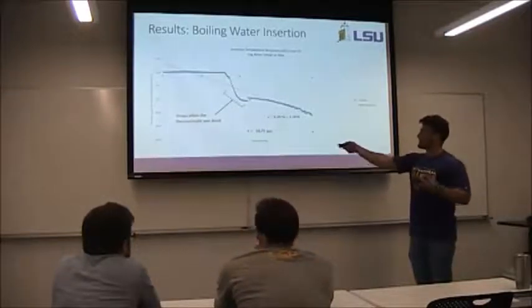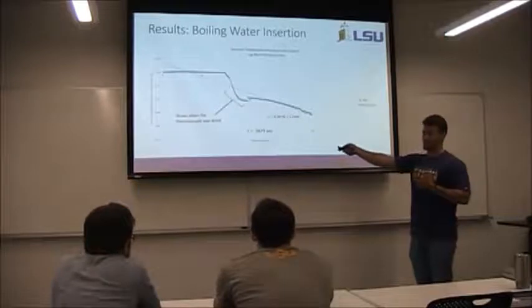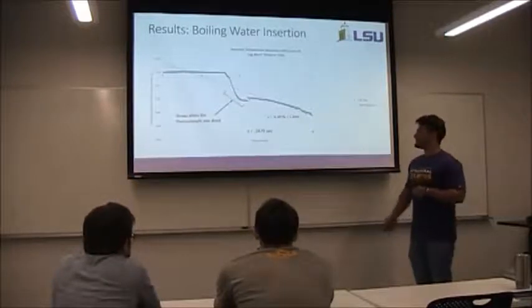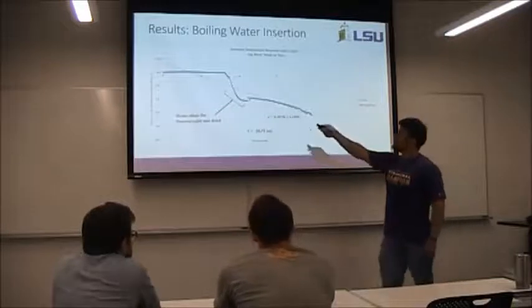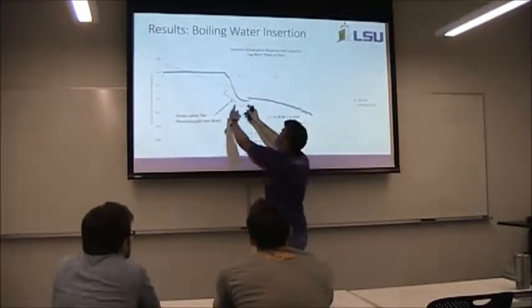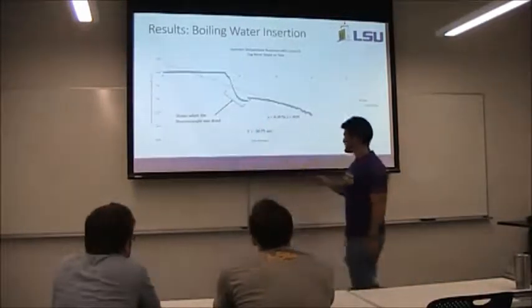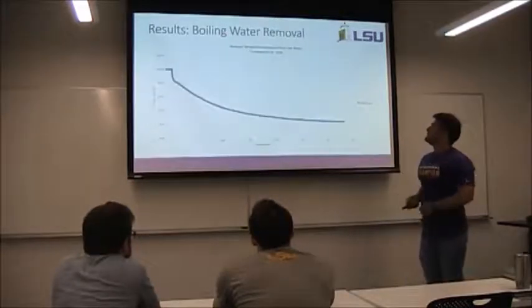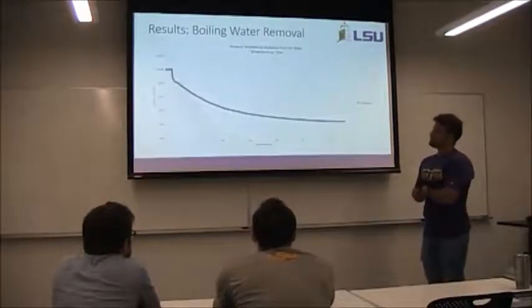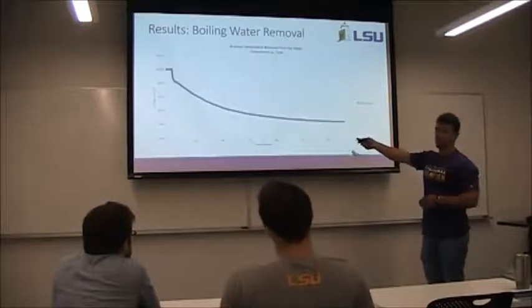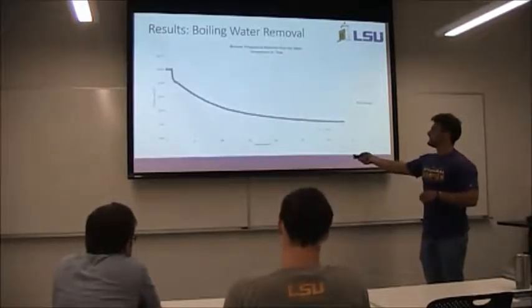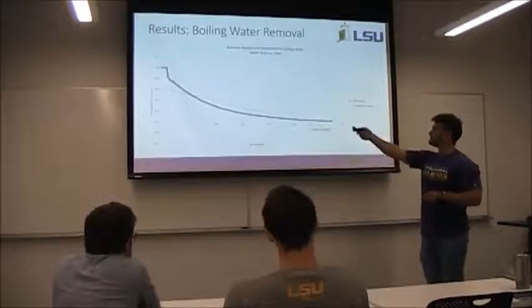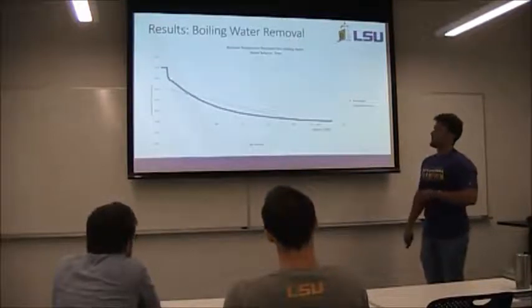And we got a time constant. I'm not sure if the time constant is correct, but if you multiply that by 5, it's within this range of seconds. Then for the removal part, there's a nice long response, and you have your normalized data.